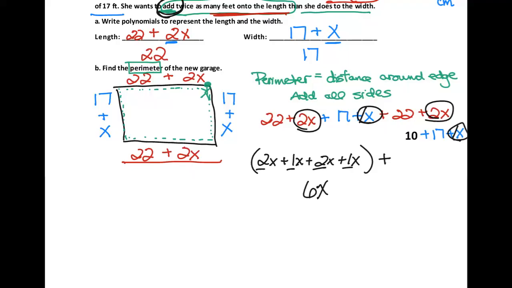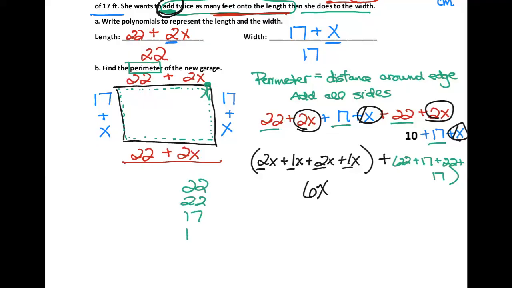Plus, now I need to add all my constant numbers. 22 plus 17 plus 22 plus 17. Get that old calculator out. Anybody grab a calculator? 22 and 22, that gives me 44.